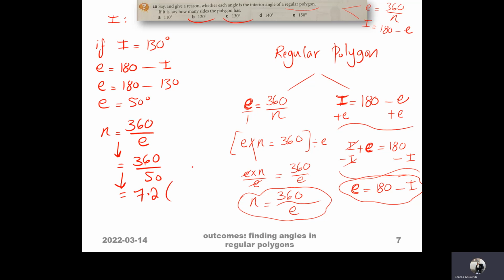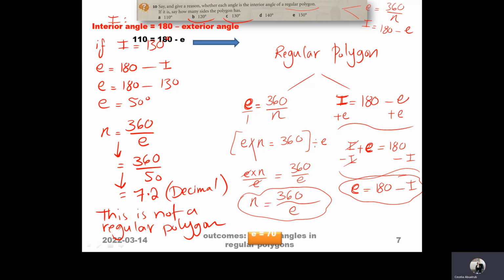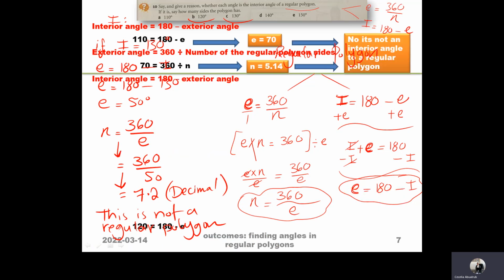And this is a decimal, not a whole number, so this is not a regular polygon. A regular polygon has a whole number of sides. Okay? And you can carry on with the 140 and 150 on your own.